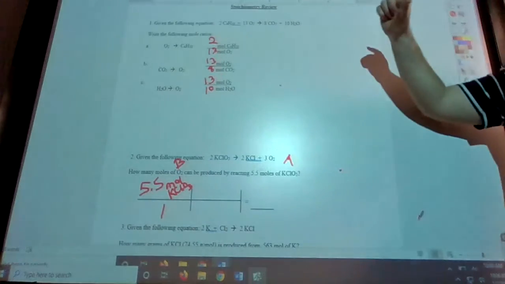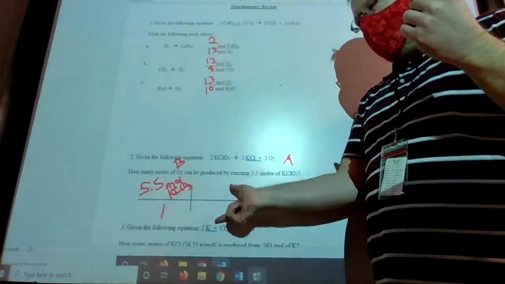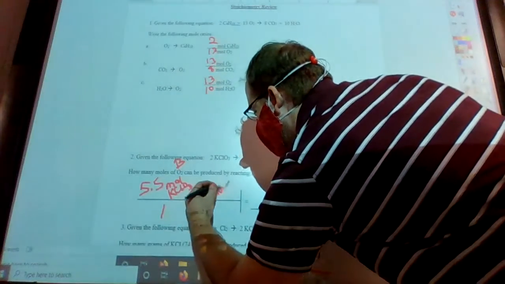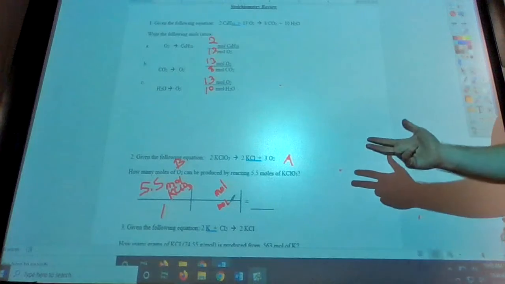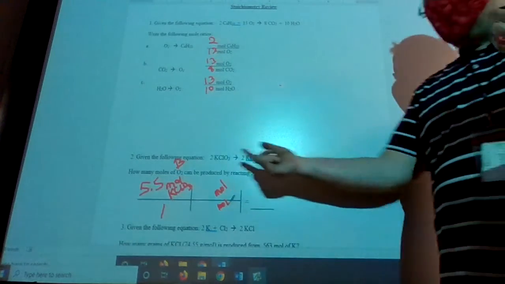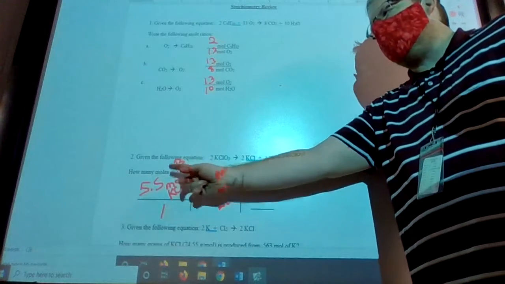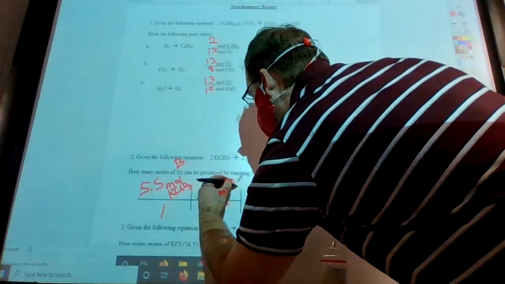So we're using that flow chart there to help us set this up. I'm going from moles to moles. It's got to be a mole ratio. So I know it has to be moles on top and moles on bottom, moles over moles, because it's a mole ratio. And I want B over A. I want my ending chemical on top, my starting chemical on bottom. So on top, I need moles of O2.